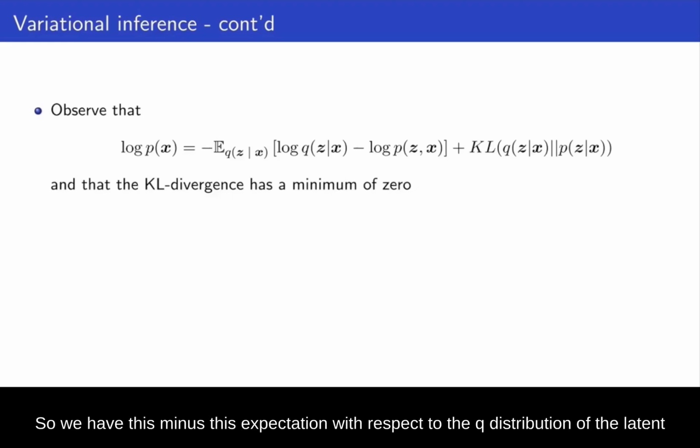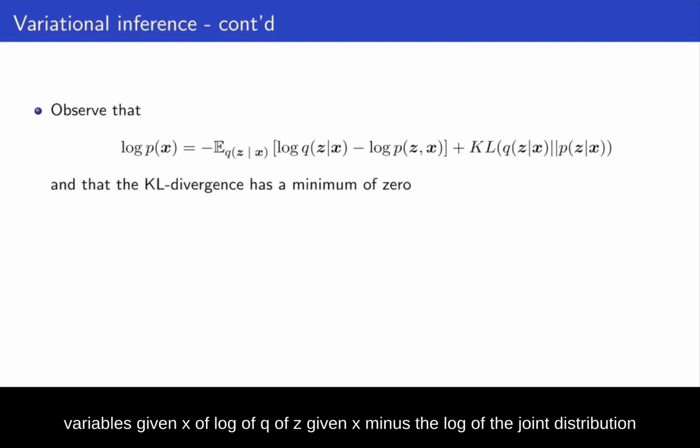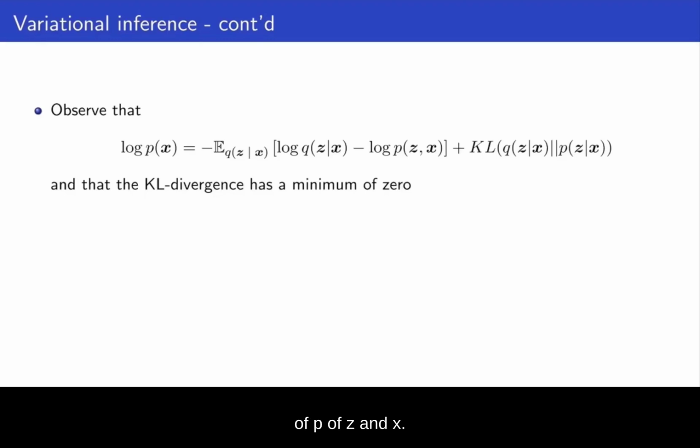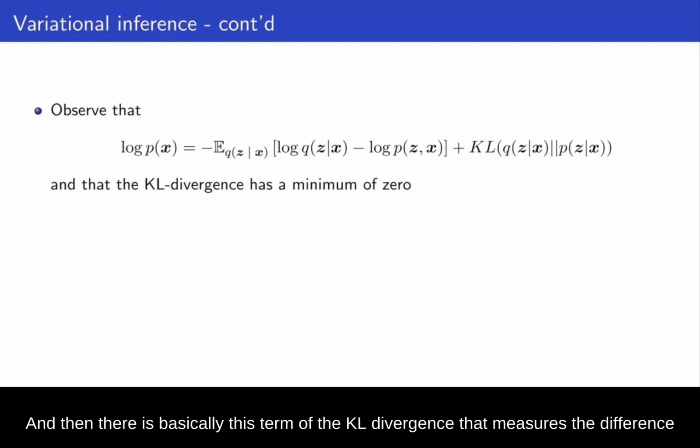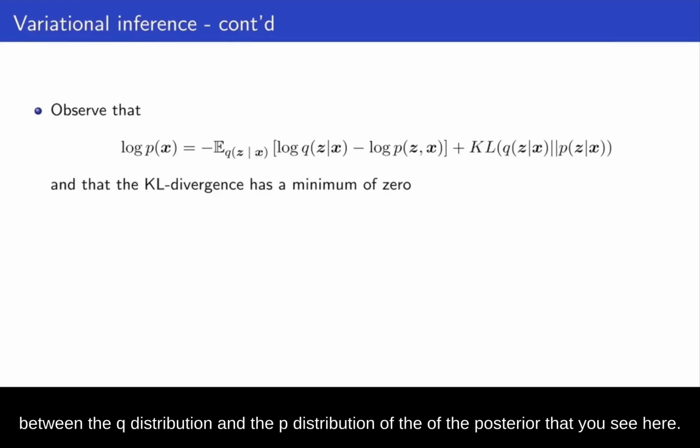So we have this minus the expectation with respect to the q distribution of the latent variables given x of log of q of z given x minus the log of the joint distribution of p of z and x. And then there is this term of the KL divergence that measures the difference between the q distribution and the p distribution of the posterior that you see here.